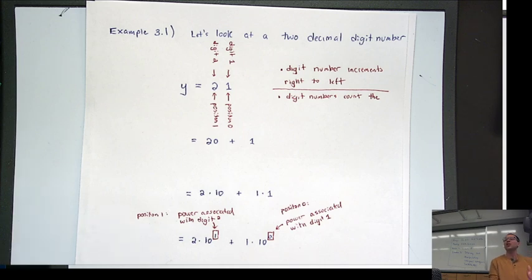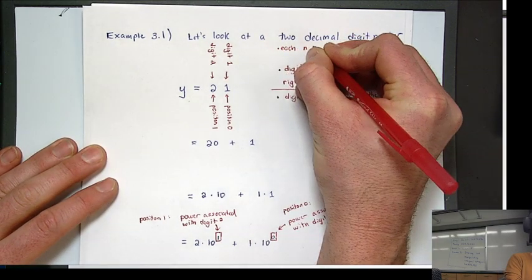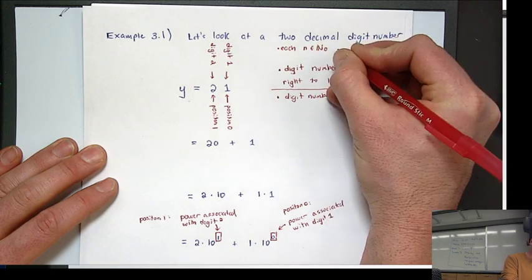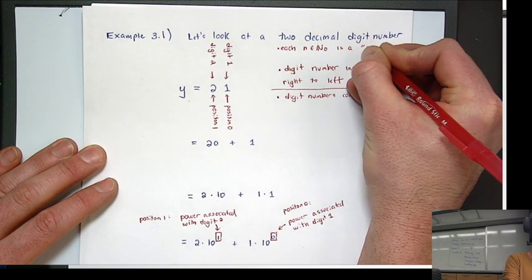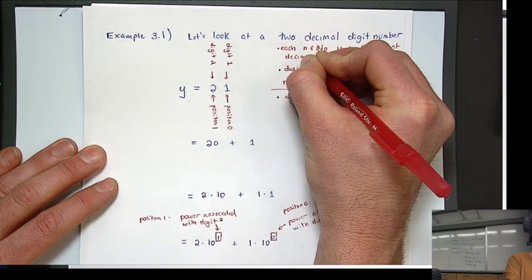What is each natural number in the decimal number system? A string of decimal digits. So each element of the non-negative natural numbers is a quote-unquote string of decimal digits.